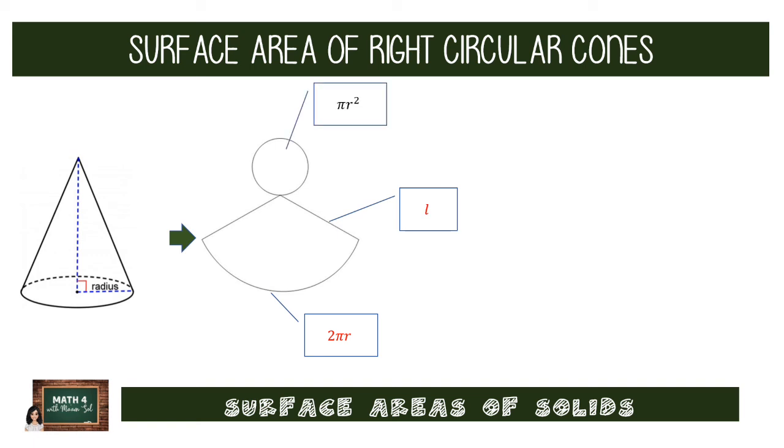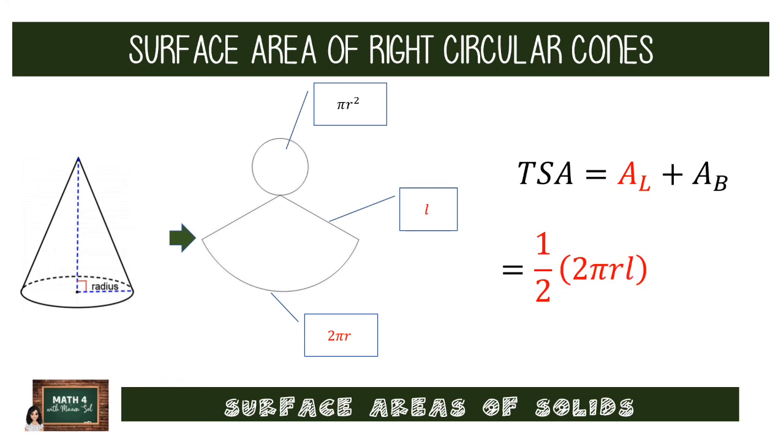Meanwhile, the area of the circular base is equal to pi r squared. When simplified, 1/2 times 2 pi r L is equal to pi r L, and of course we have to add the area of the circle, which is pi r squared. So the total surface area of the cone is equal to pi r L plus pi r squared.